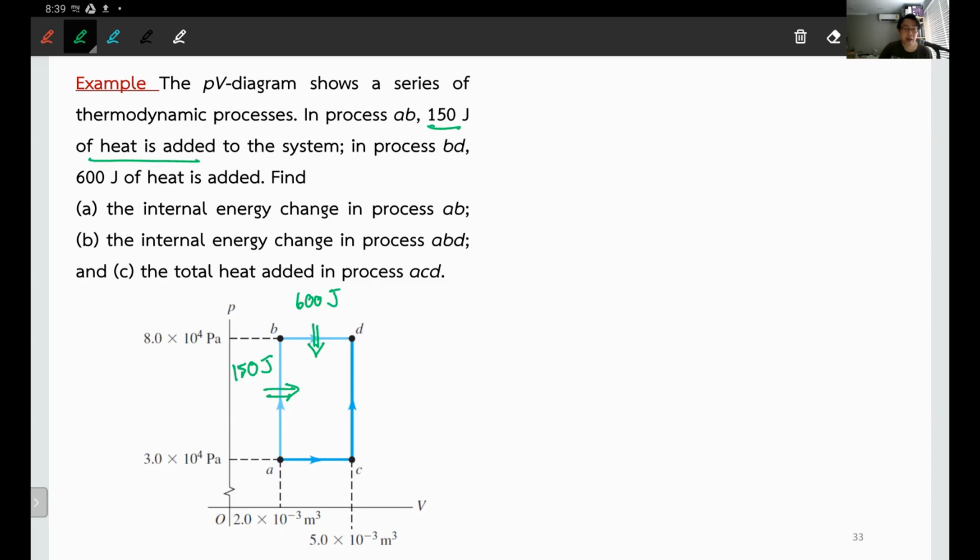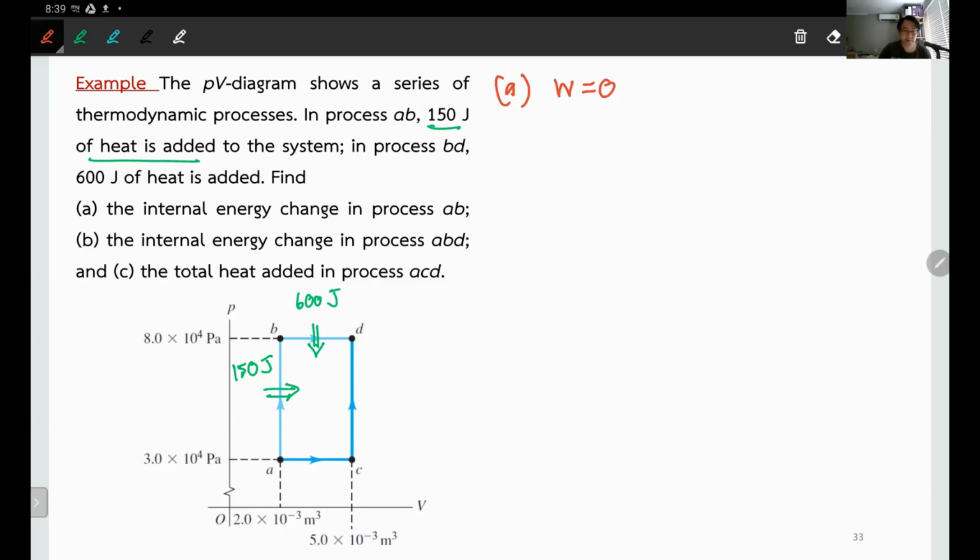Now the question asks you to find the internal energy change during process A to B. Okay, let's take a look. How are you going to do this? This is getting more detailed. First of all, you're going from A to B. You have only 3 terms to consider in the first law of thermodynamics: the U, the Q, and the W, correct? You have only 3 things. The simplest way to get to this one is to start from the work, because you can see right away that there's no work. No area under the curve.